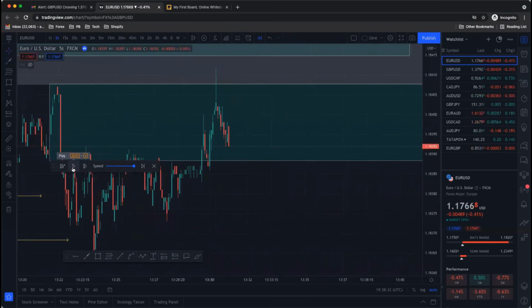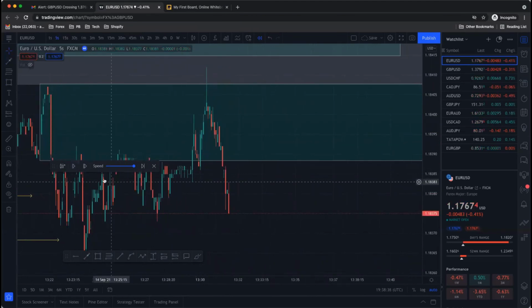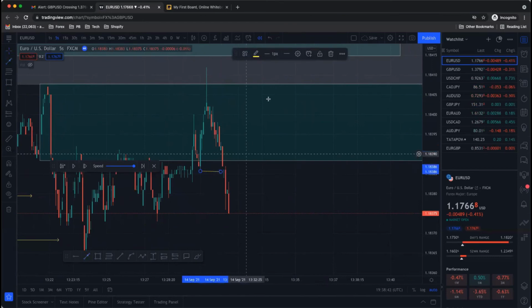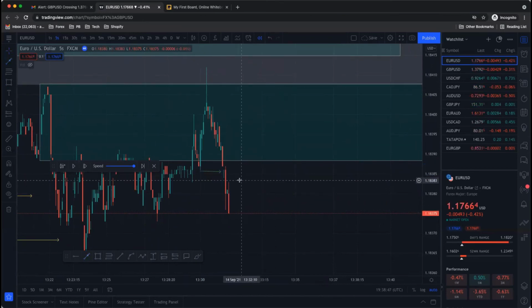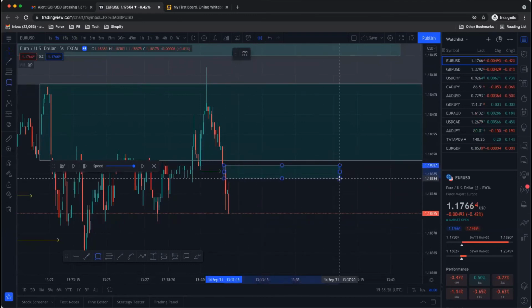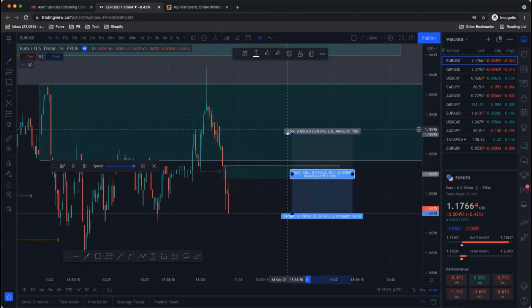So what do you see here? We got one break here, right? Now, what is the order block that broke this low? This, if you see here, is the one. So you're going to place the order from right here.